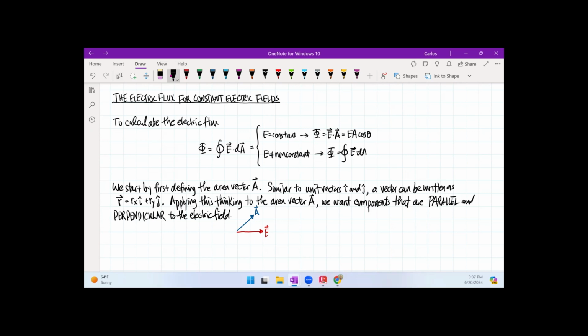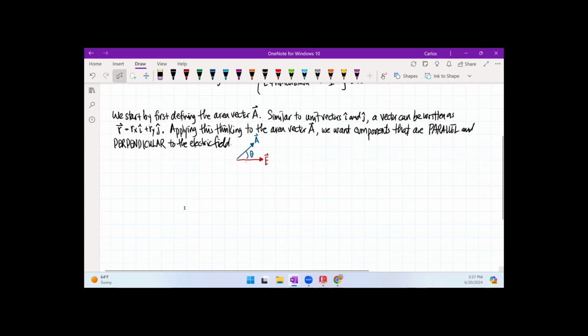So now we can define this angle theta between these two. When we talk about parallel and perpendicular, that means we're picking this relative to the electric field. So now we can define what we're talking about.